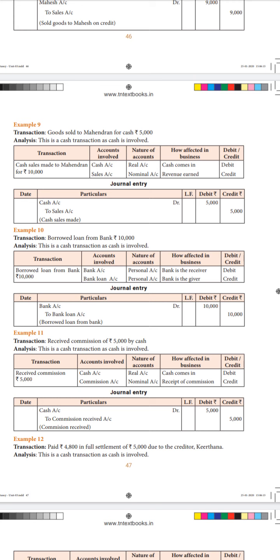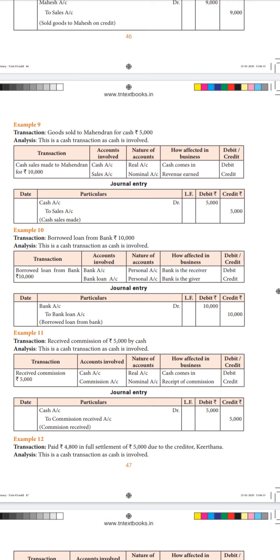Okay, then example 10. Borrowed loan from bank rupees 10,000. So this is again a cash transaction, because cash is also involved in this. Even though we are borrowing from the bank, we call it either a cash or bank transaction.